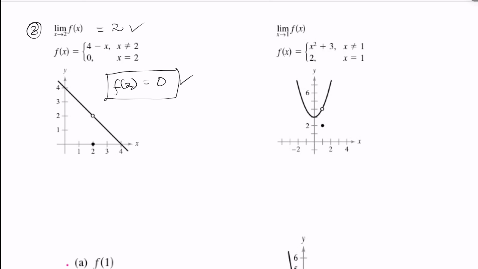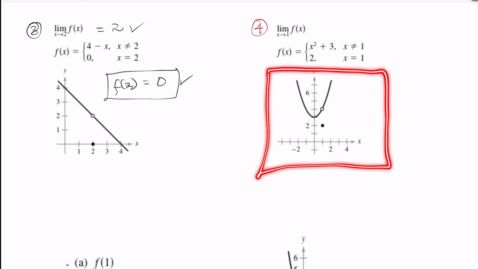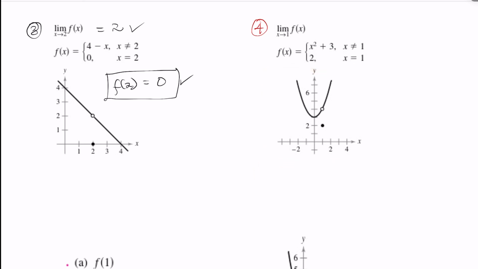Now let's go ahead and look at example number 4. In example number 4, we want to find the limit of f of x as x approaches 1. Again, this is the function f of x, and this is the graph of f of x. So we locate our value 1 on the x-axis. And as we approach 1 from the left, you see that the value we have is this value here.